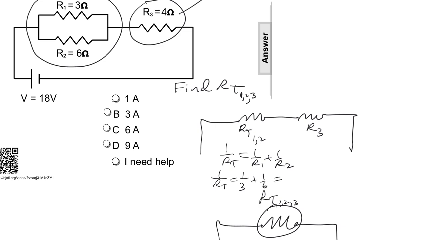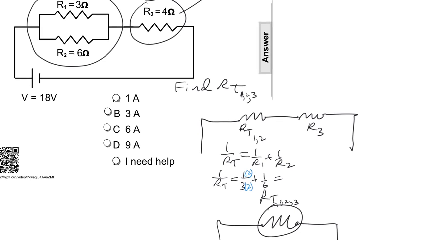If I use common denominators, but you can use your calculator, I get 1 over RT equals 2 plus 1, 3, over 6. I can add these if I have a common denominator. And so RT 1, 2 is equal to, flip it around, 6/3 or 2 ohms.